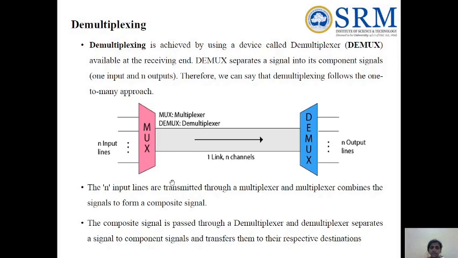That is what happens with the help of a demultiplexer. Here you can see that we call the single signal a composite signal, which is passed through a demultiplexer, which separates the signal into component signals and transfers them to their respective destinations.